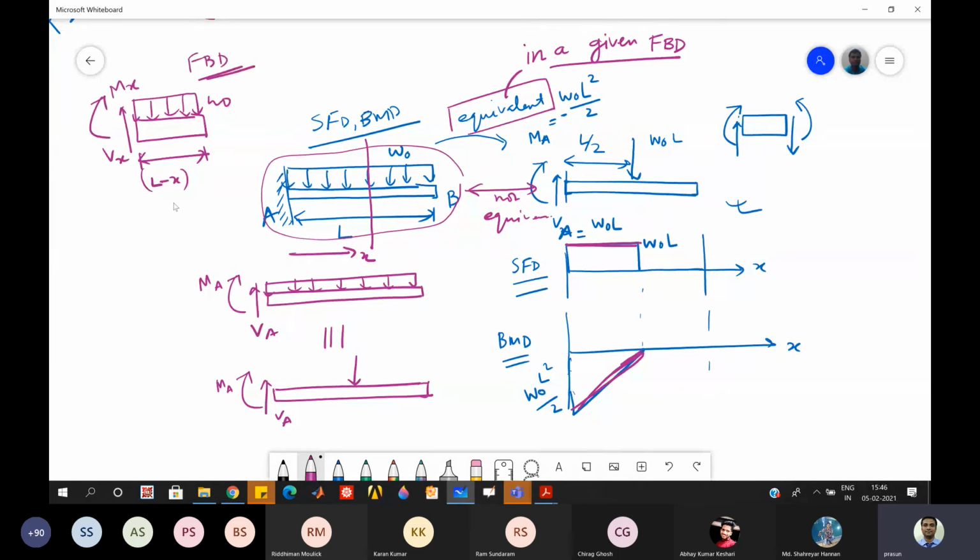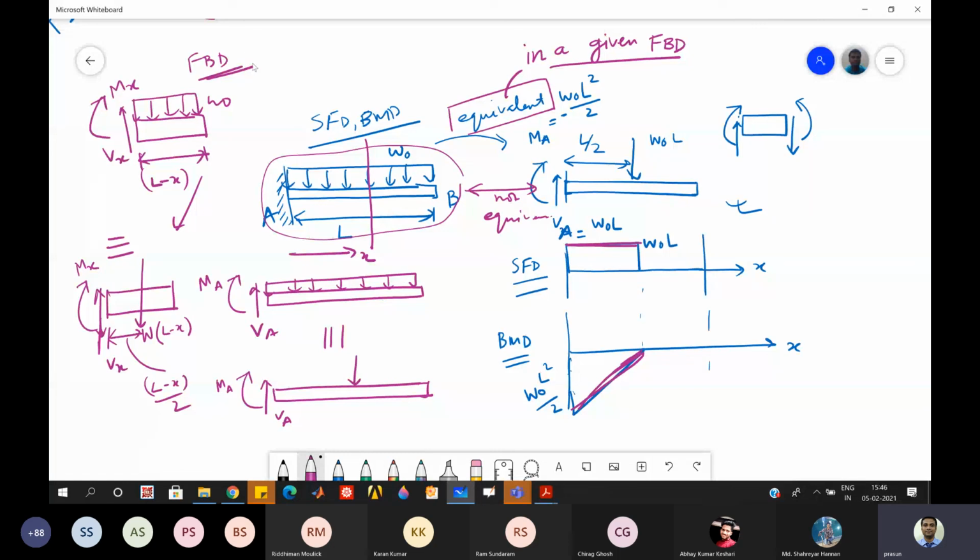Once I have the FBD, I can draw an equivalent by drawing one force here: Vx, Mx, and W into L minus X at this distance, which is L minus X by 2. So this is equivalent.